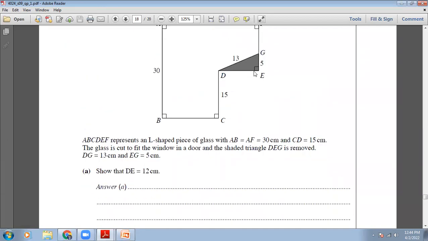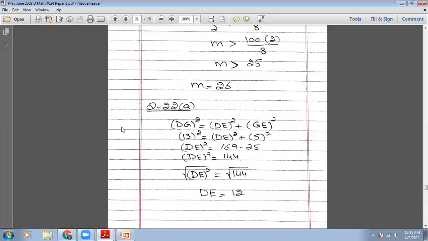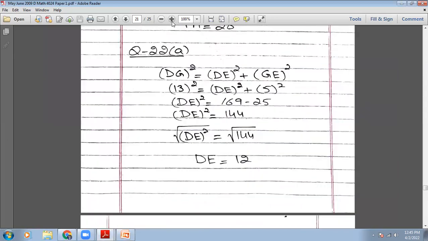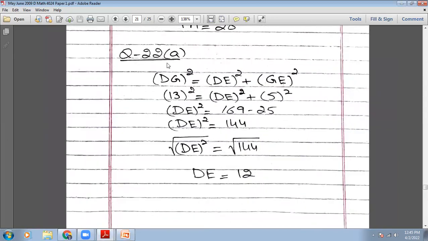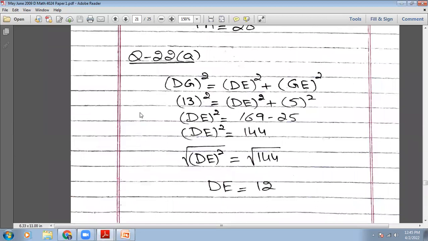It's a 1-mark question. You can see it's a right angle triangle. We know the hypotenuse, we know the perpendicular, and we want to find out this base. Apply the Pythagoras theorem. DG square will be equal to DE square plus GE square. So 13 square is equal to DE square plus 5 square.